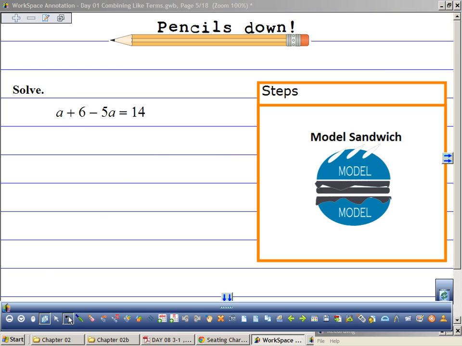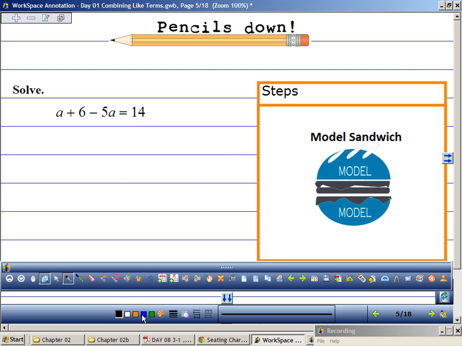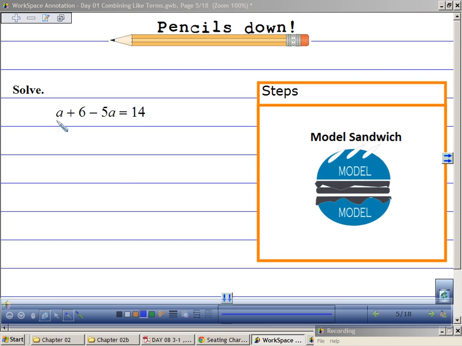Pencils down. All right, so a plus 6 minus 5a equals 14. My first step is to combine like terms. I have 1 positive a and 5 negative a's. Different signs, so I find the difference between them. The difference between 1a and negative 5a's is negative 4a.